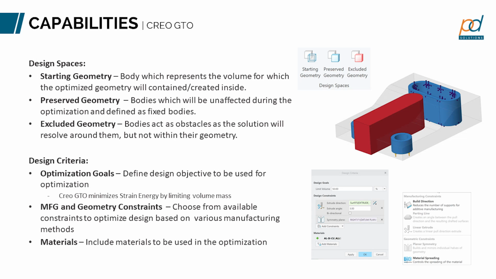As I mentioned earlier, the manufacturing can be for additive manufacturing with a build direction. It can be for casting or molding with a parting line. It can be for machining and a few other types of options here. And then lastly, down the bottom, we have the materials. I'll show you this in the examples, but you'll see it's a relatively straightforward process.